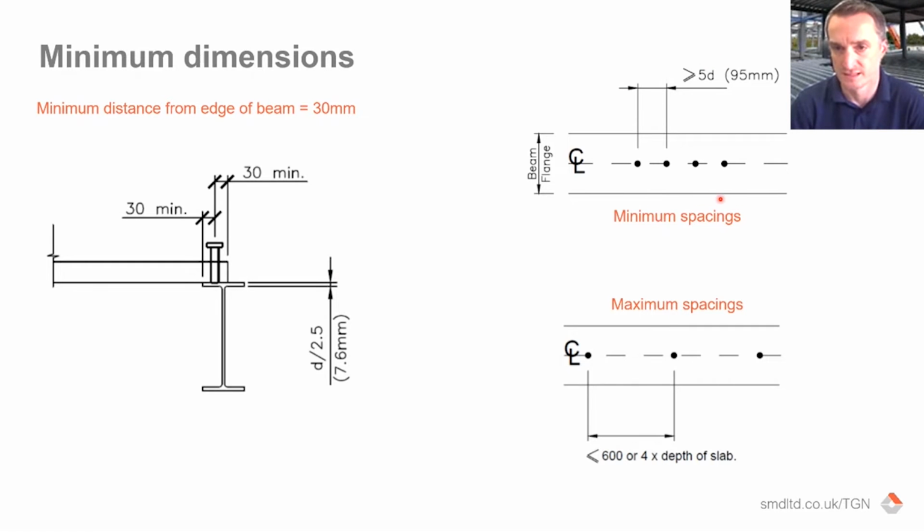The minimum spacing is there because those rules for resistance are based on something. As studs get closer together, the resistance of each stud reduces because the cone of failure effectively overlaps. And then for the maximum spacing, you're trying to minimize uplift between the stud positions, so there is a maximum spacing allowable as well.